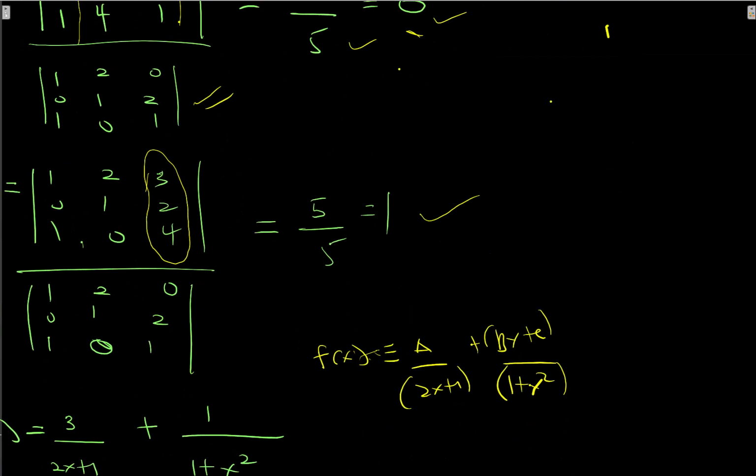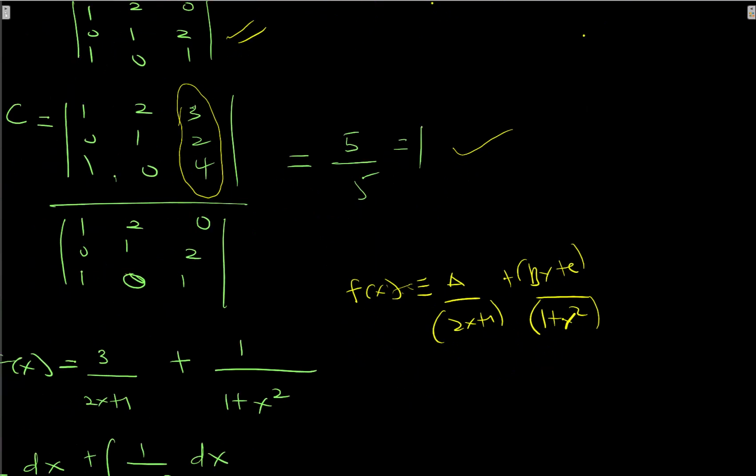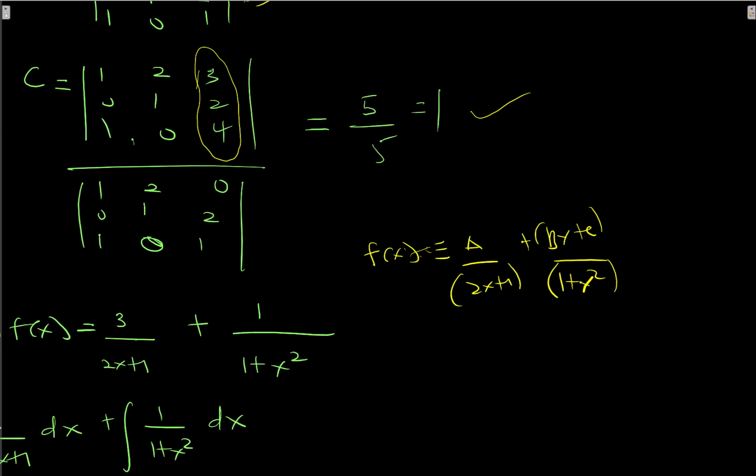So we substitute it here. We have 3 over 2x plus 1, then b is 0, so 0 times x is 0, plus c, which is 1, so 0x plus 1 is just 1, divided by 1 plus x squared.